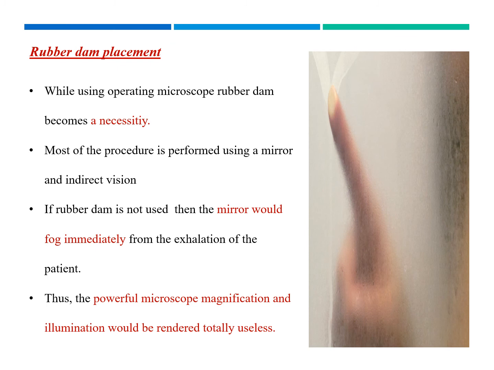Rubber dam placement is primarily to get contrast in the working area, and it does not fog the mouth mirror. So using an operatory microscope and rubber dam together is necessary.